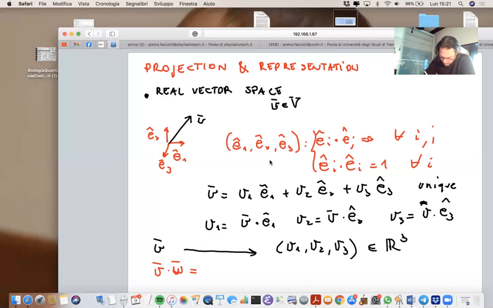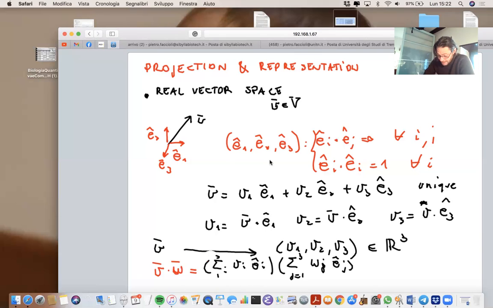I will go through the proof, but I'll be a little bit formal. I represent v as a sum for i going from 1 to 3 of vi ei, and I represent w as a sum for j going from 1 to 3 of wj ej.